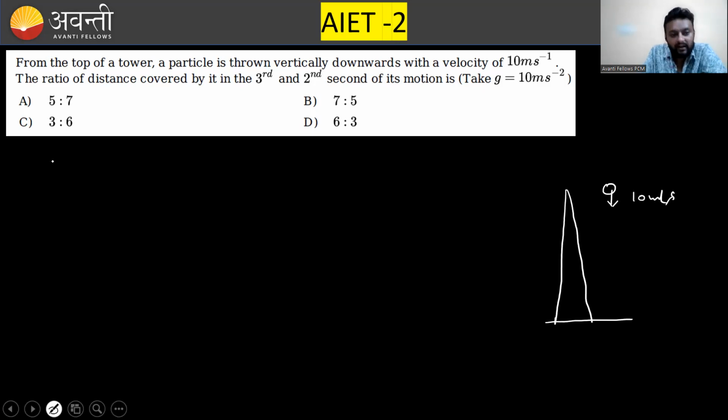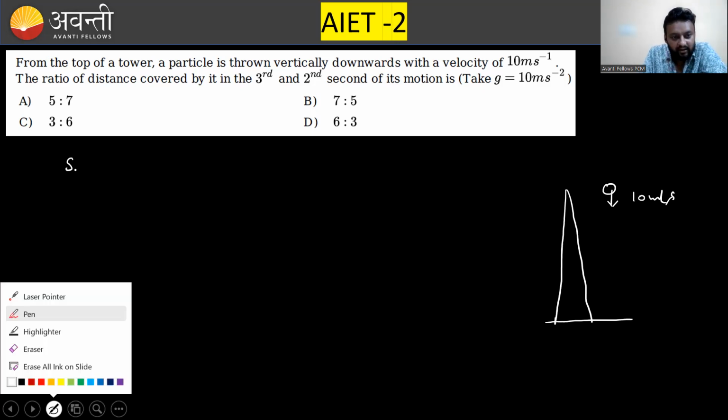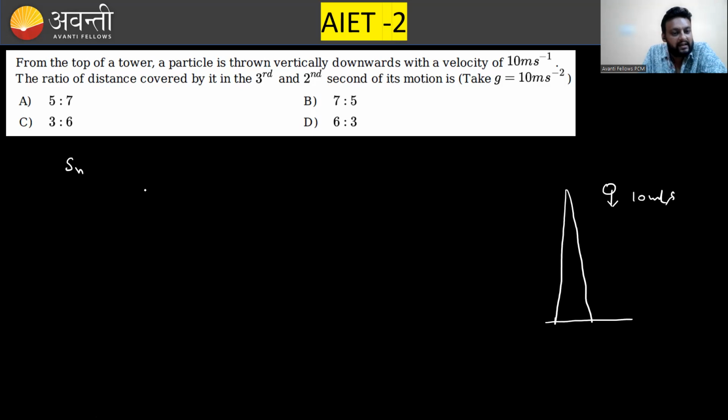So you must remember a relation: distance moved in the nth second is u plus half a (2t minus 1), or in the tth second, or any number of second. So this is the distance moved by the particle in a particular second.